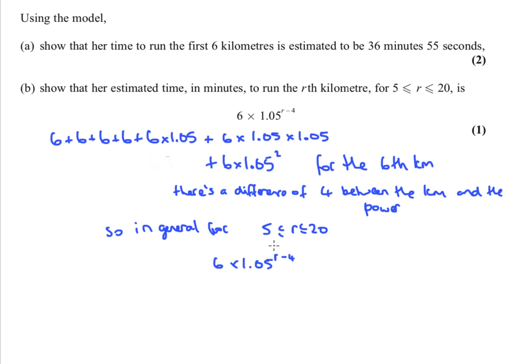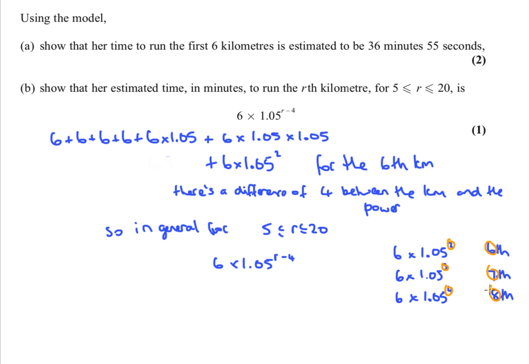Now I know I've just kind of copied out what the answer is, but I'm not really sure how else we're meant to show that for 1 mark, other than to explain what I've done here, or other than writing out it will be this for the 6th, it will be this for the 7th, it will be this for the 8th, and then you've got a little bit more evidence that the power and the value is a difference of 4.